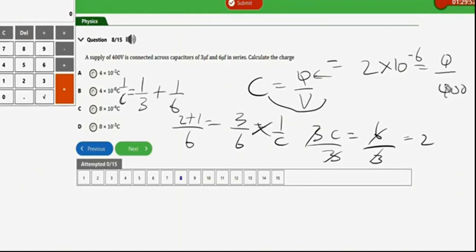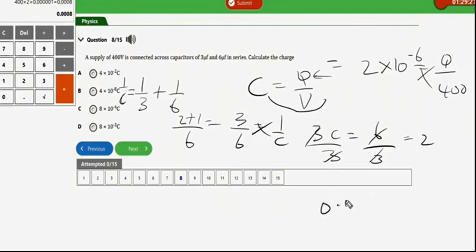The voltage is 400. So when you cross multiply, let's punch this on the calculator. 400 times 2 times 10 to the power negative 6. So that's it. Press equal to. Another way you can express this in standard form, let me show you so that we are on the same page.